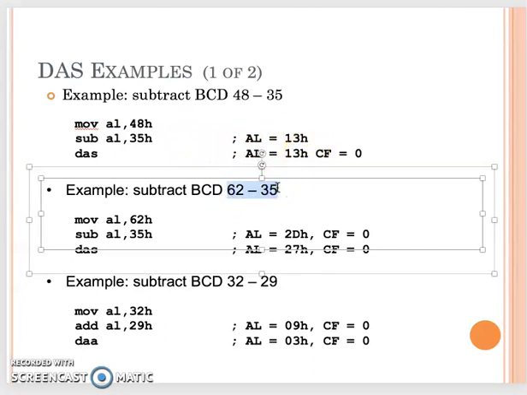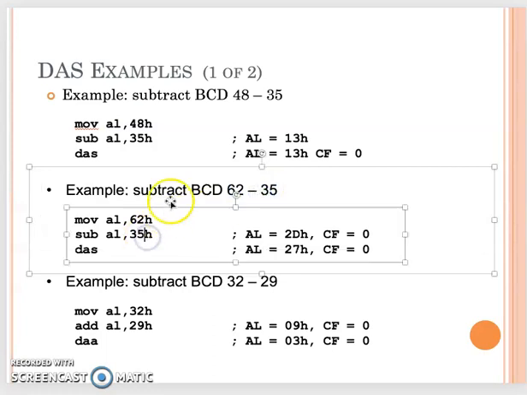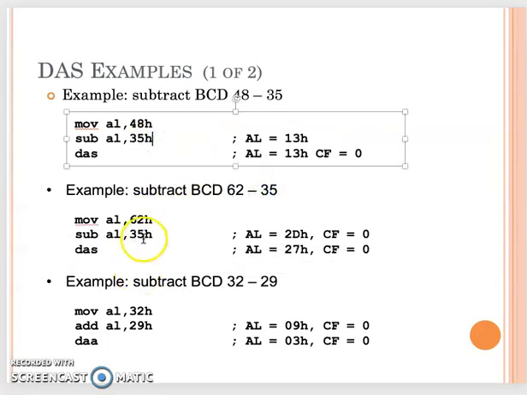But now if you have 62 minus 35, in the decimal system, the answer is what? You need to borrow, so that's 27, right? But if we use the hex system to do the subtraction, it will be 62 hex minus 35 hex. But 2 minus 5 is not enough, right? So we need to borrow.